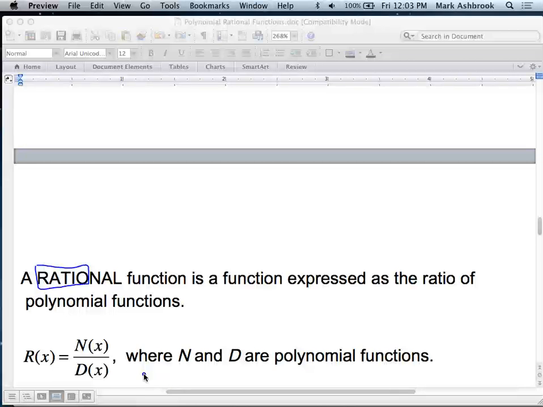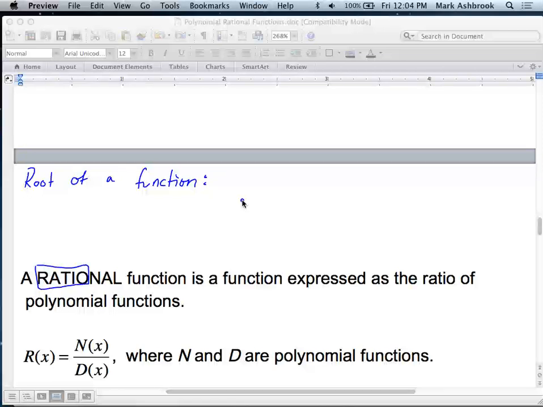So let's talk about roots. In general, what's the definition of a root? The root of a function is where x equals 0. Is that right? When y is 0, we better know.